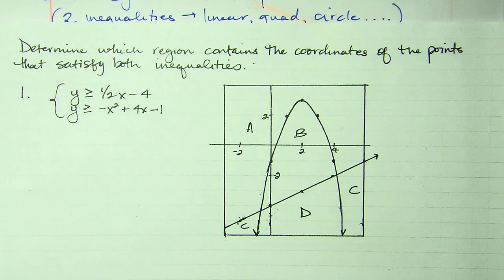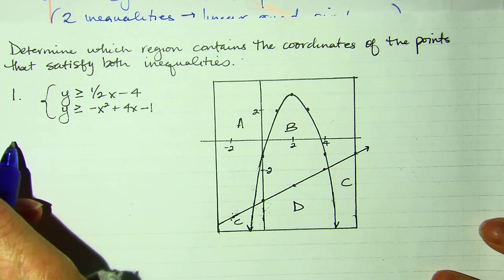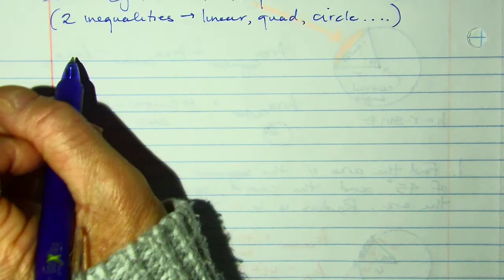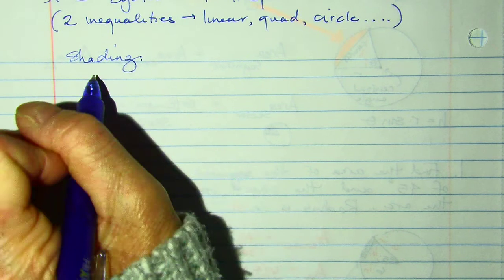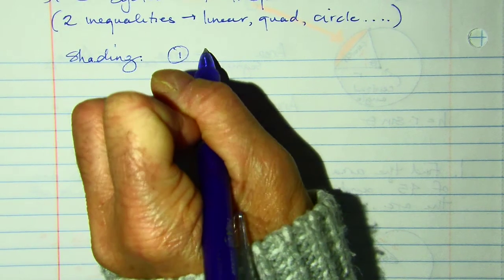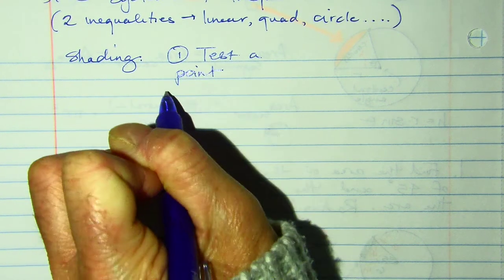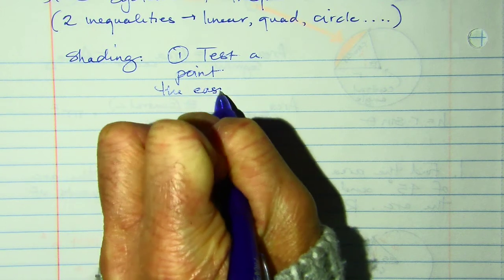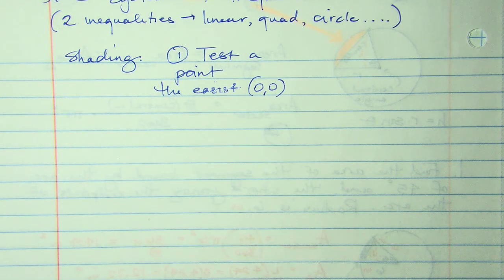So I'm going to start with the top, and I'm going to give you two methods. There are two methods for shading. The first method is to test a point. The easiest is 0, 0, but you can test any point.